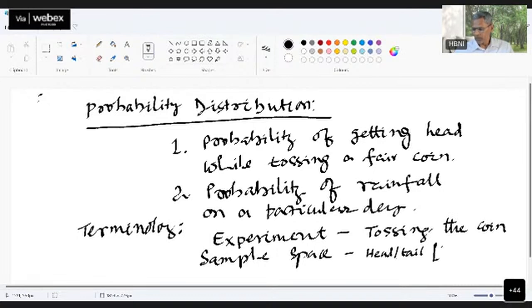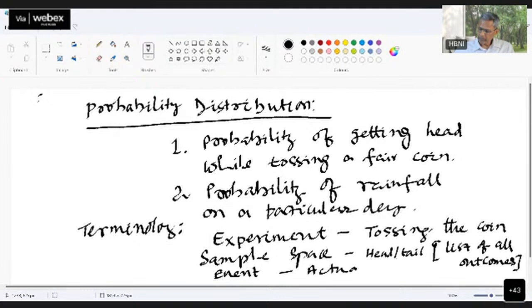And then event. Event is actual outcomes. So these are the three things you have to know so that you can define what is the probability.